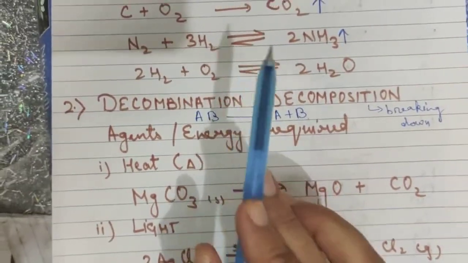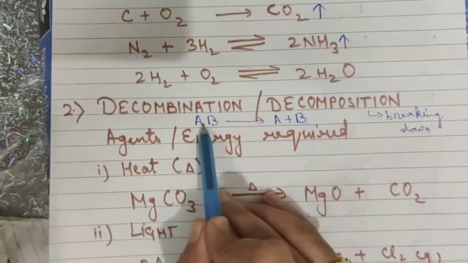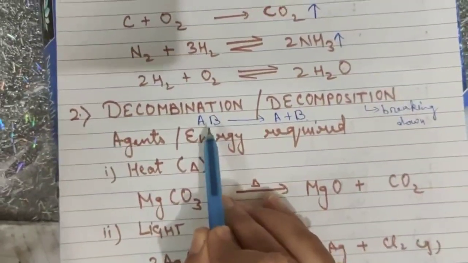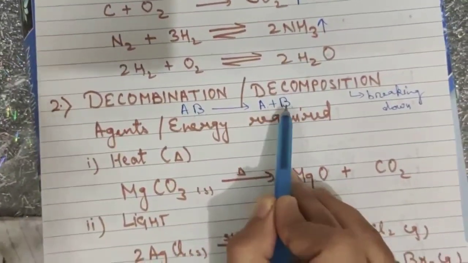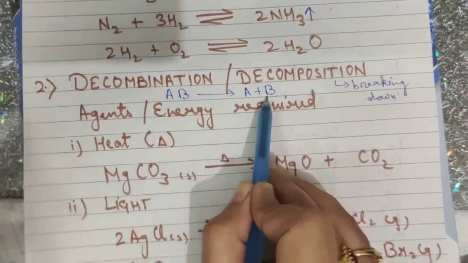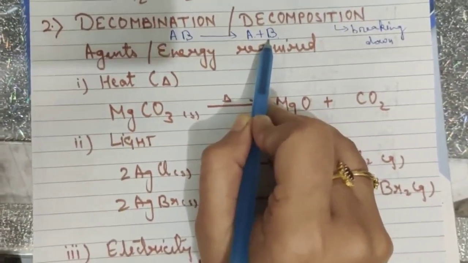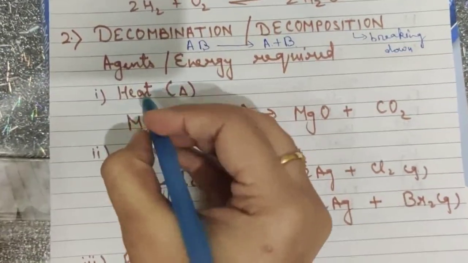In that case, A was combining with B to produce AB, and in this, AB is undergoing decomposition, or breaking down, to produce A and B, that is, two products. It can produce more than two products also. Now let us see the agents required and some examples. The first agent is heat.